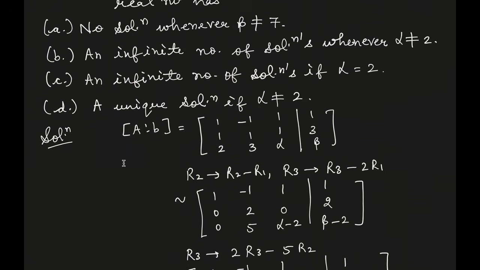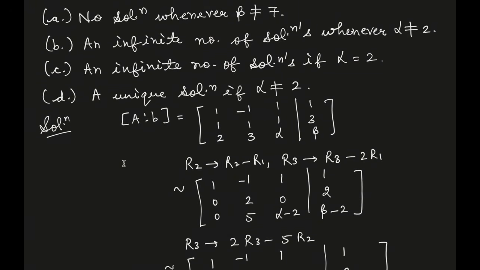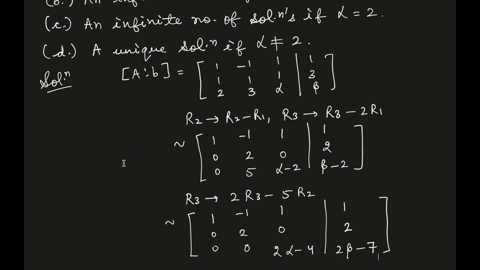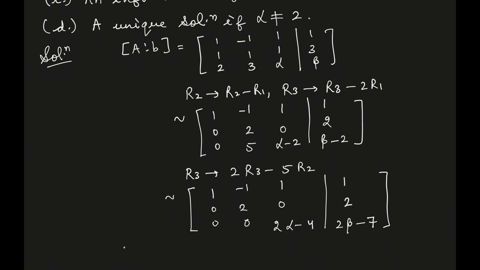See, first and third column are coming out to be same, 1 0 0. So if alpha minus 2 is also 0, then they would become same. So rank of A will reduce to 2, no? Yes. So alpha is not equal to 2 for unique solution.